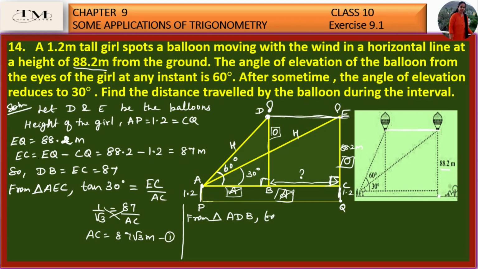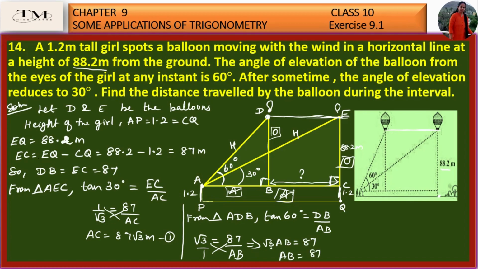So tan 60-degree equal to DB by adjacent side AB. Tan 60 is root 3. So root 3 is equal to 87 divided by AB. Cross multiply: root 3 into AB equal to 1 into 87, which is 87. So AB will be equal to 87 by root 3. This root 3 is in product, so it will come to division.